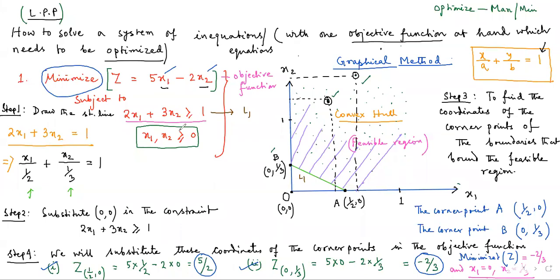On the right-hand side? 1. So 0 is greater than or equal to 1, which is absurd. So this inequation is not satisfied by the point 0, and therefore we are not drawing this portion. We draw the opposite, which doesn't contain 0.